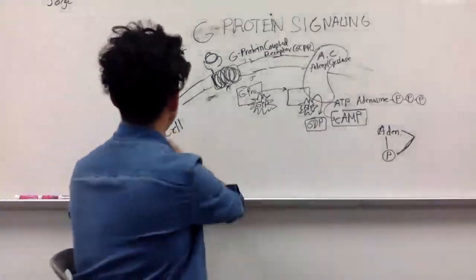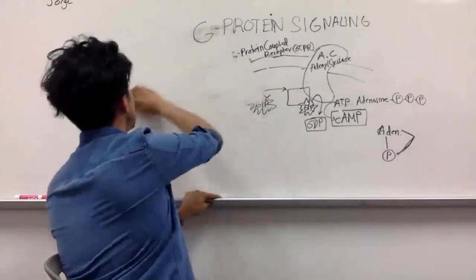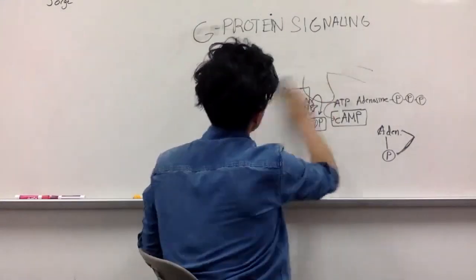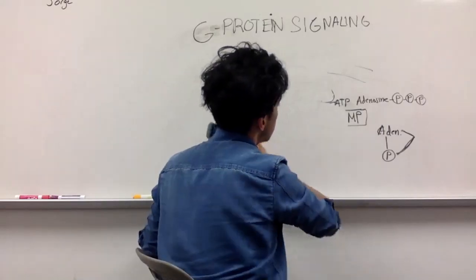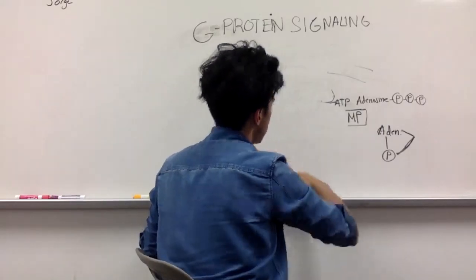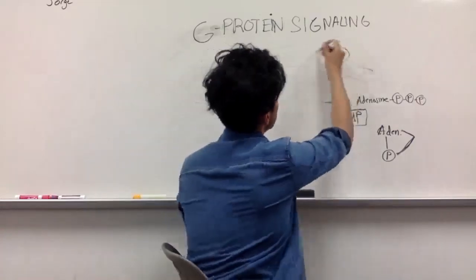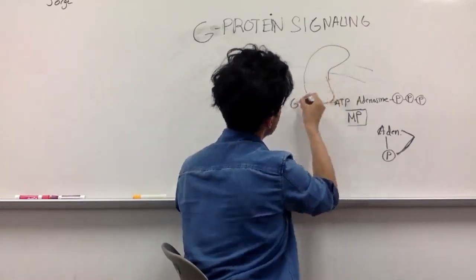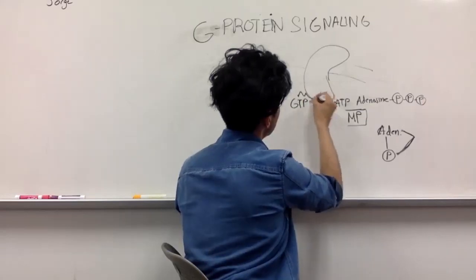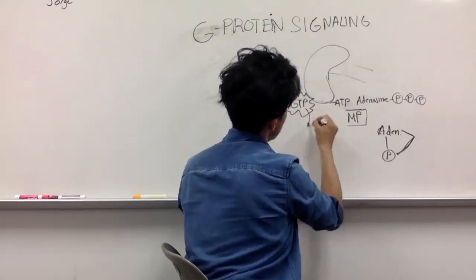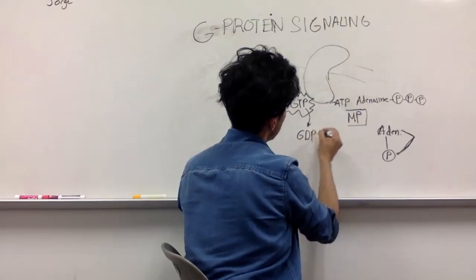There you go. Oh, we got a question. Someone asked, what triggers the G protein to hydrolyze its GDP? Can you repeat the question? So, what triggers the G protein to hydrolyze its GTP? She's corrected it to GTP.